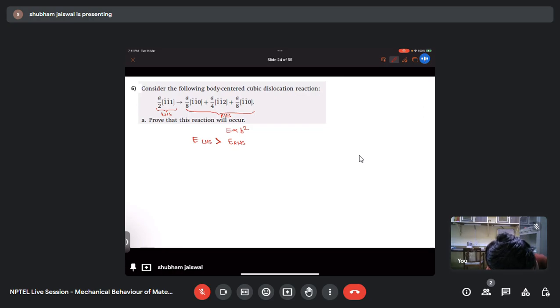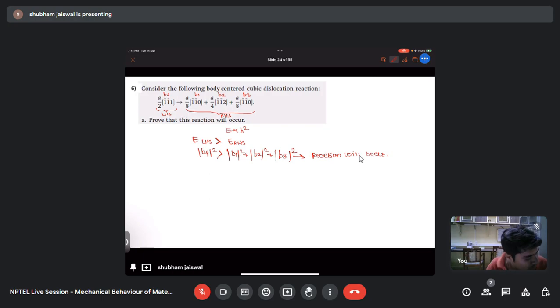So let's say this is B4, B1, B2, B3. If B4 square is greater than B1 square plus B2 square plus B3 square, only then the reaction will occur.